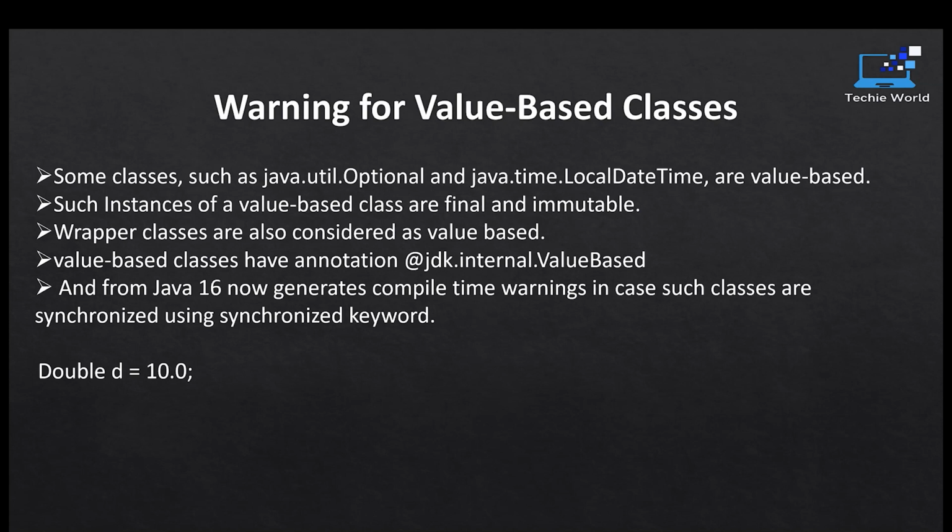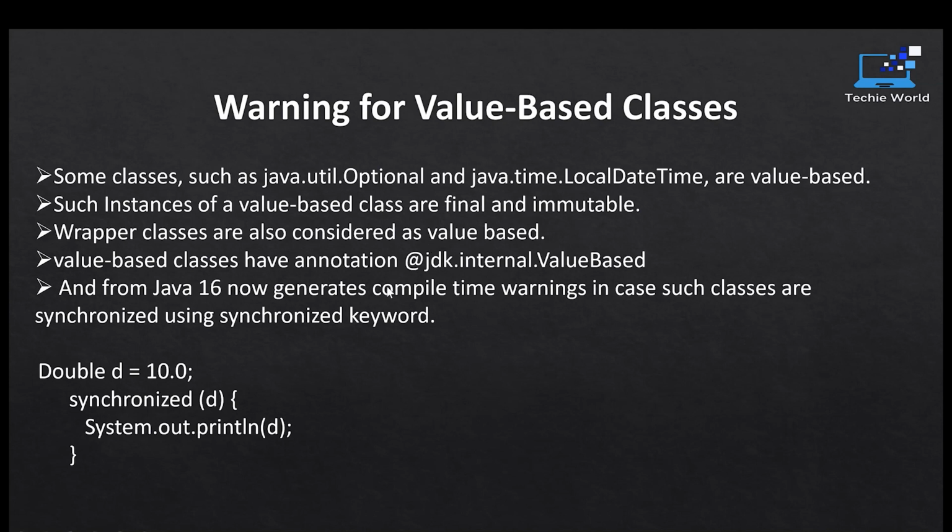So Double is also a value-based class. If you want to use this Double d in a synchronized block like this, you can see synchronized d, and then we are trying to print d. In this situation, you will get a compile time warning saying that value-based classes are discouraged for the synchronized statement.